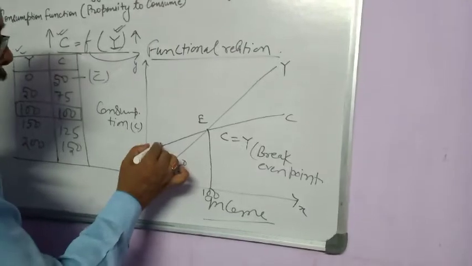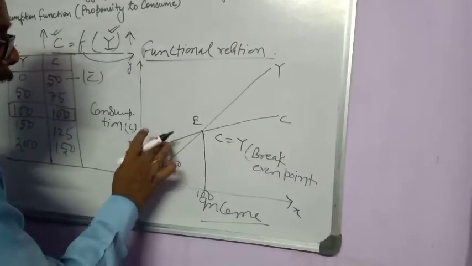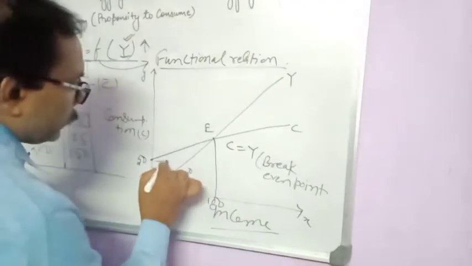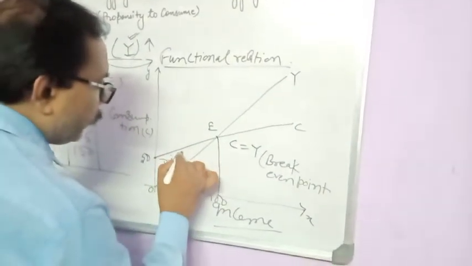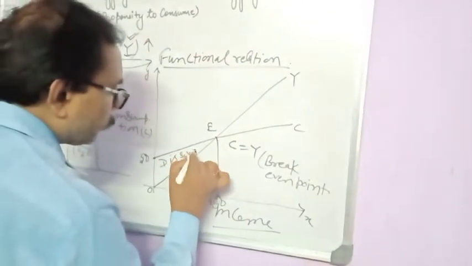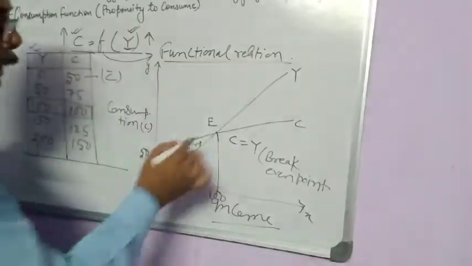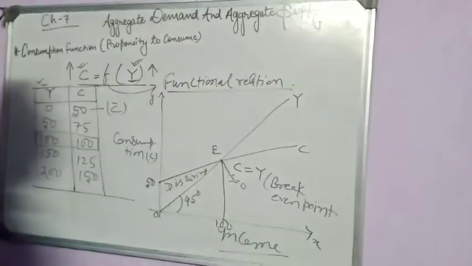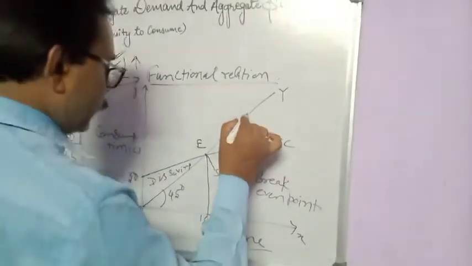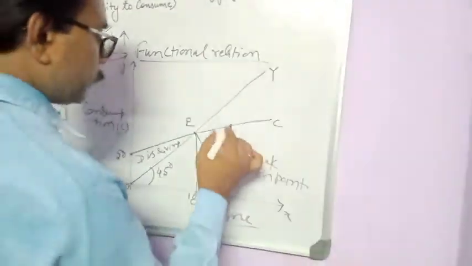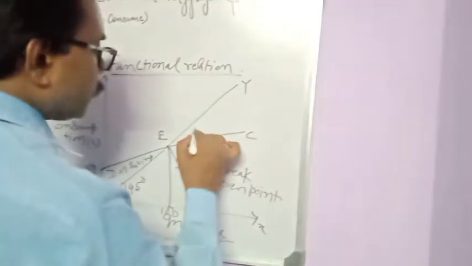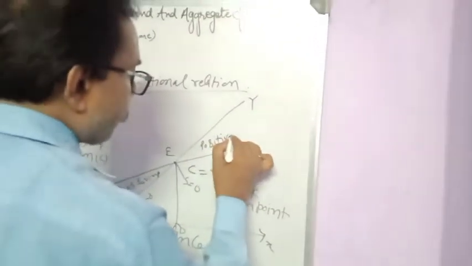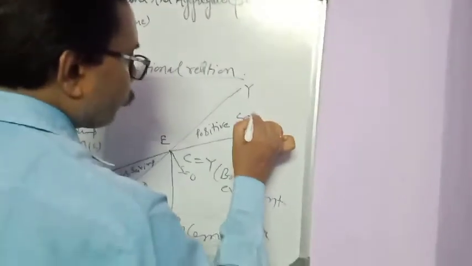So this is what you find. Consumption is more, income is less. It means there is dissaving. Clear? Here saving S is equal to 0. And here Y is greater than C. It means positive saving.